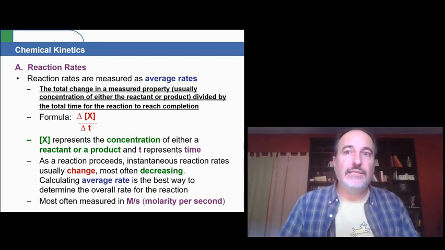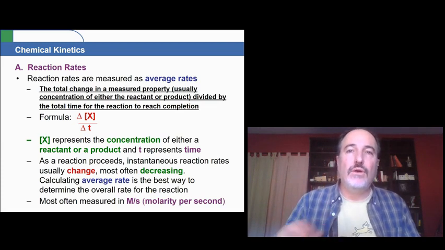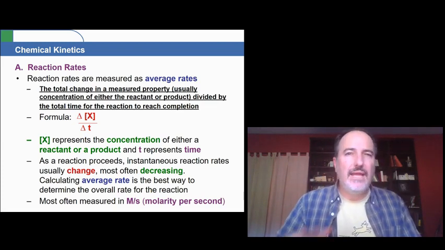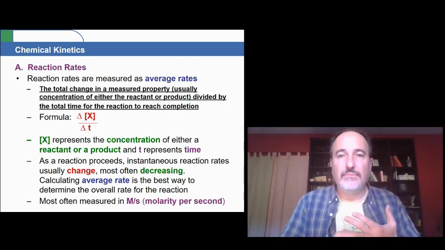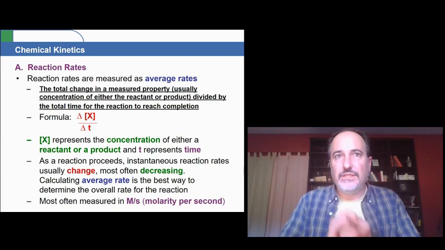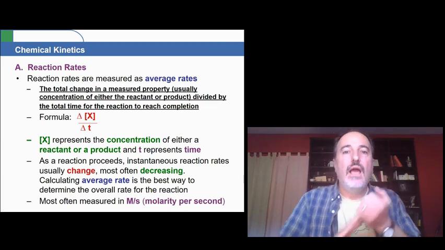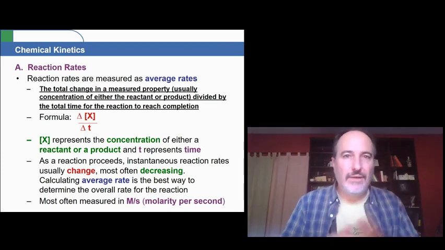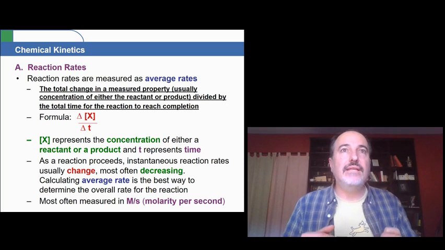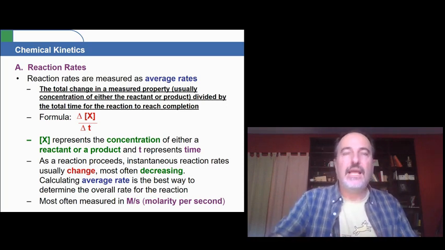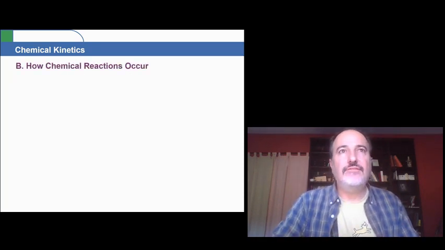Calculating the average rate is the best way to determine the overall rate of the reaction. And it's most often measured in molarity per second, or basically how fast the concentration changes per second. But don't worry, I'm not really going to have you guys calculate this. That's not as important. It's much more important to understand, instead of measuring reaction rates, what factors can affect them, okay?